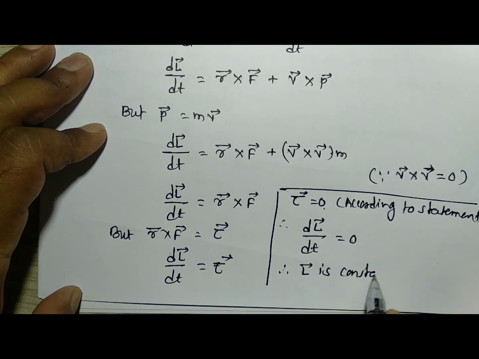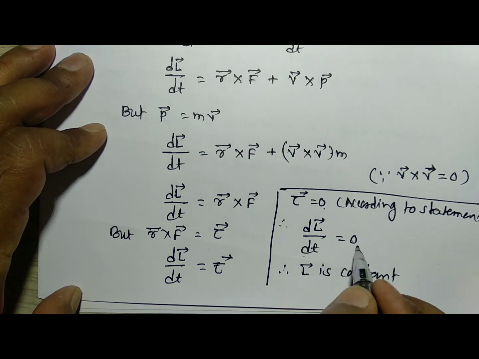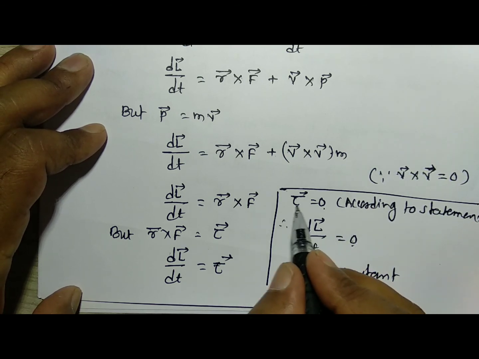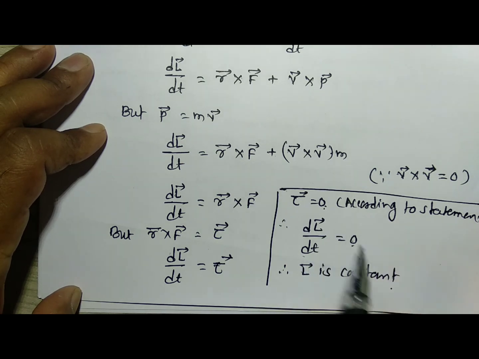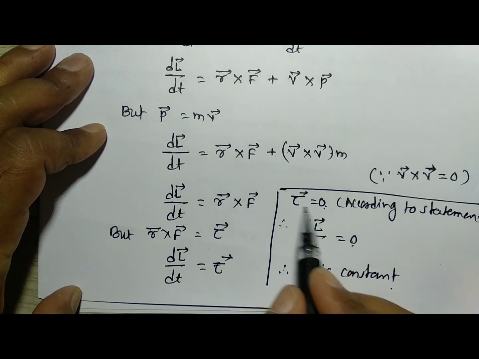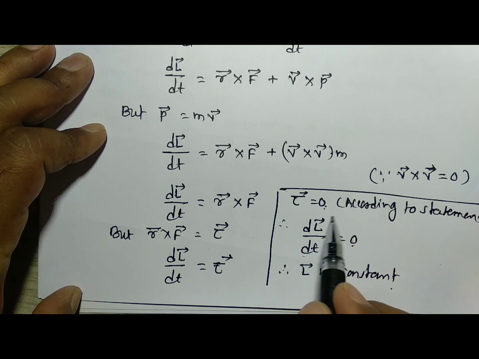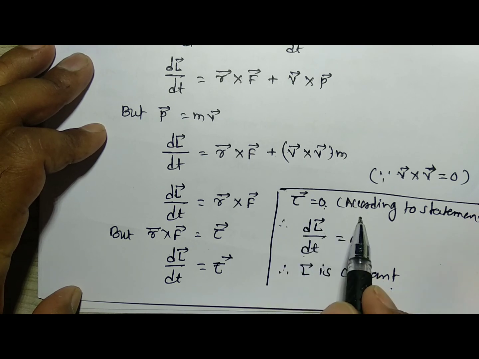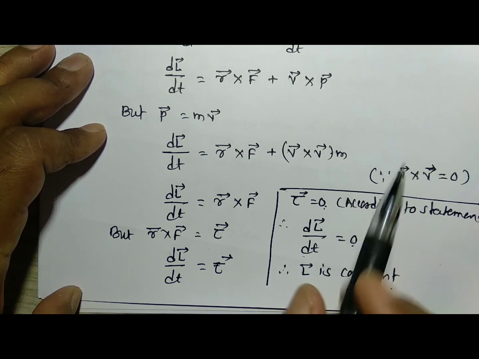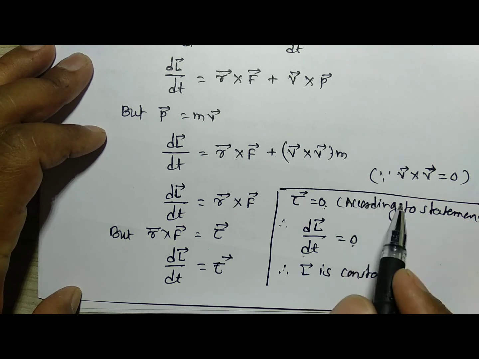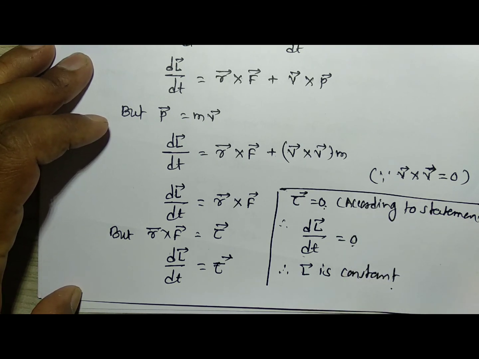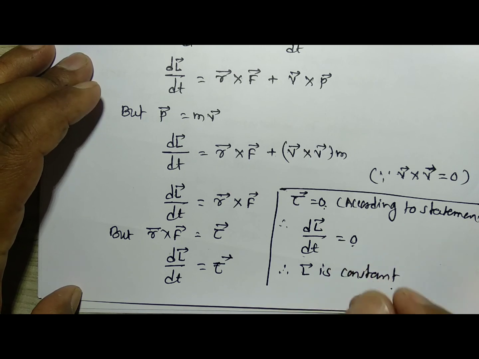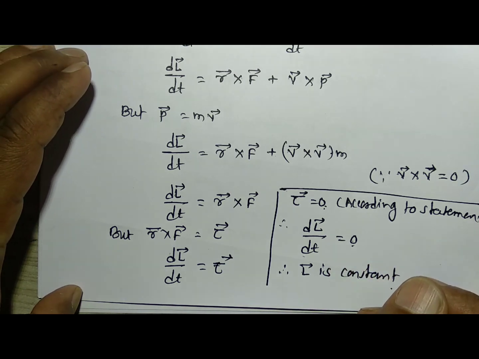That means if L bar is a constant, then d/dt of L bar is equal to 0, and at that time tau is equal to 0. So you can say that when there is an absence of external unbalanced torque, the angular momentum is a constant, or conserved, and you get the proof of the conservation of angular momentum.